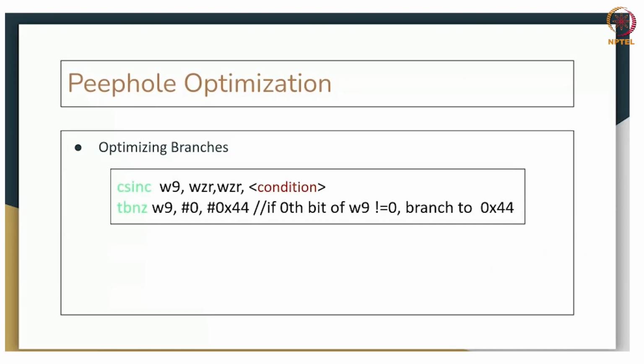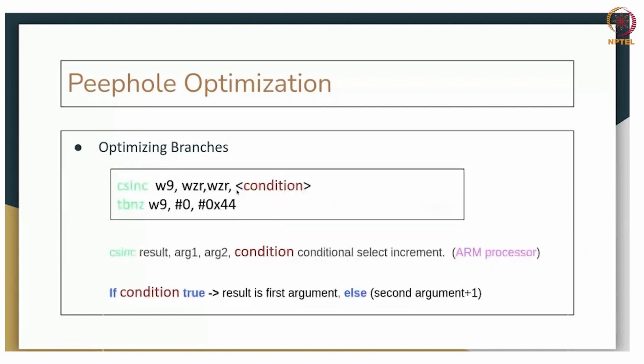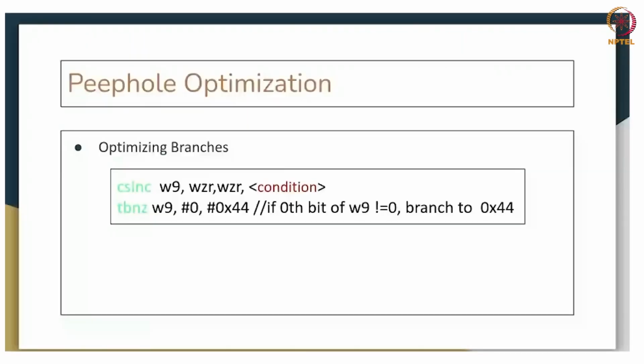If you look at the CSINC, both the registers are the W0 register, which will have value 0. So if the condition is true, it will be the first argument, that is the zero register, so W9 is 0. If the condition is false, it will be 1, because the zero register has value 0 and the second argument plus 1 gives W9 equal to 1.